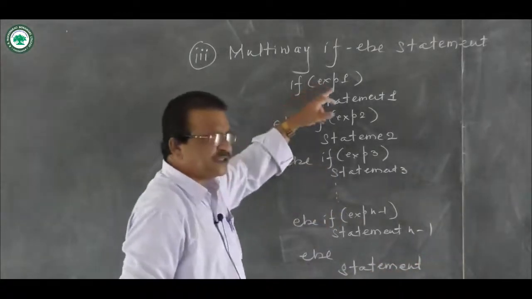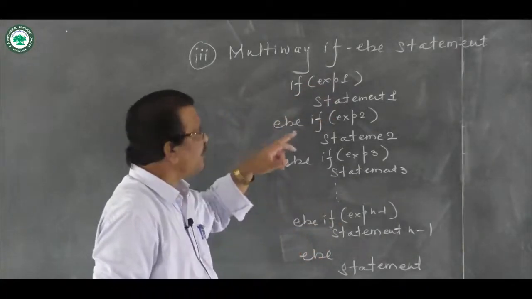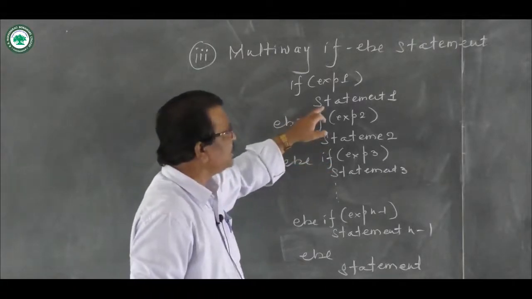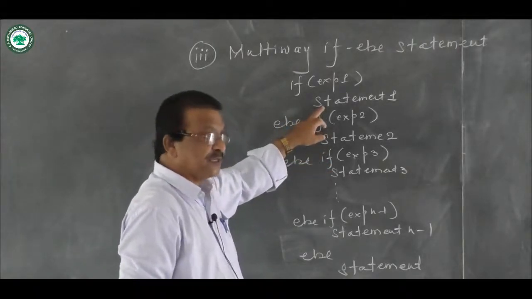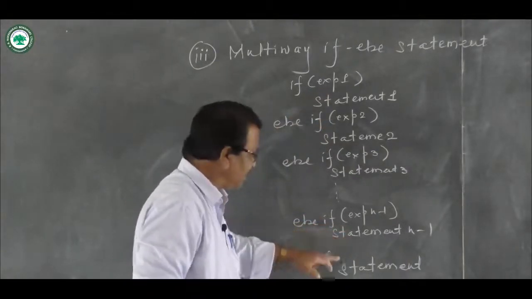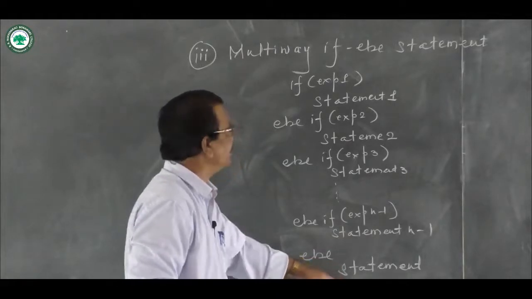All the expressions are evaluated in order. If any of the expressions is found to be true, then the associated statement will be executed. If none of the expressions is true, then the statement associated with the last else block is executed.